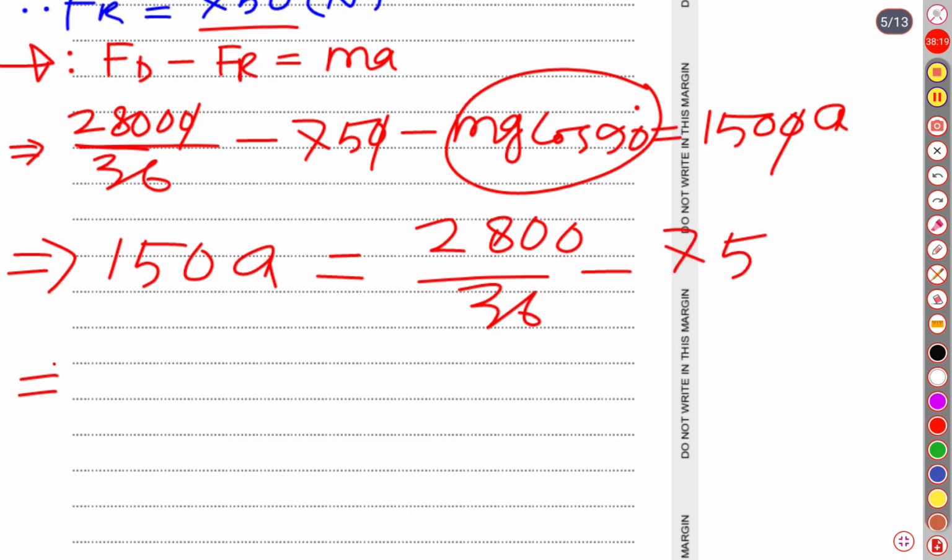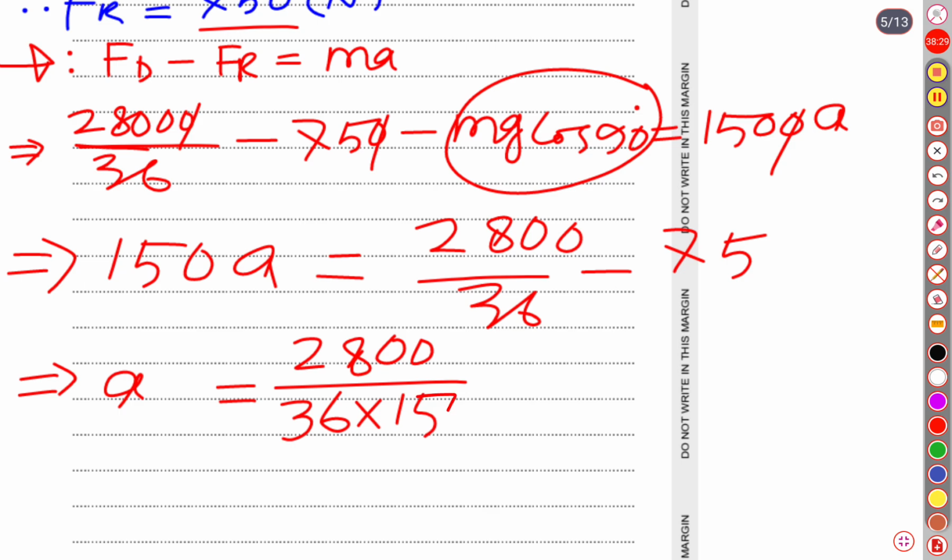If we isolate A, it is going to be 2800 over 36 into 150, minus 75 over 150.